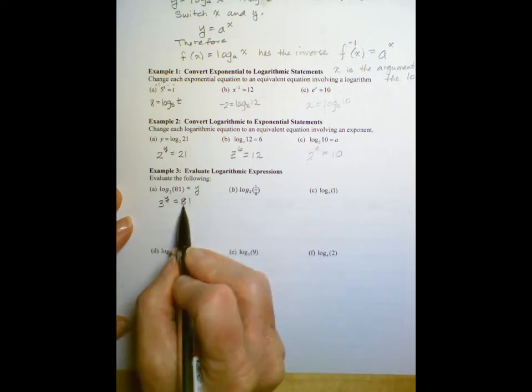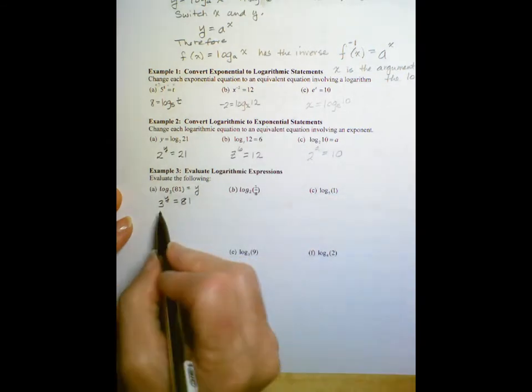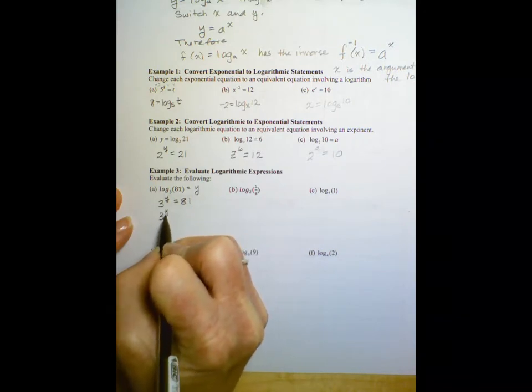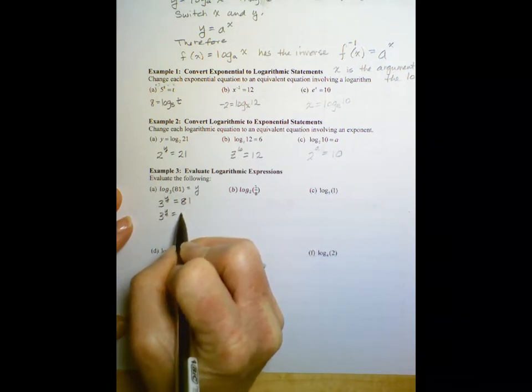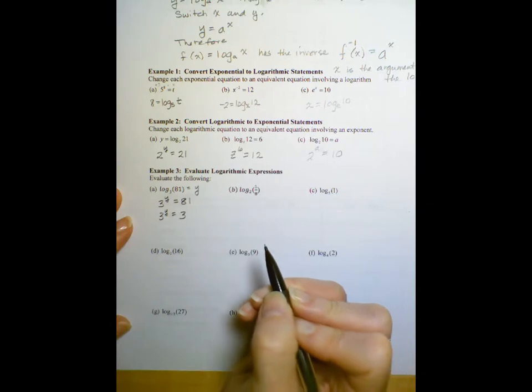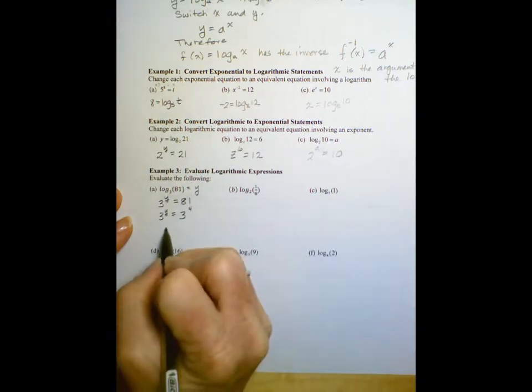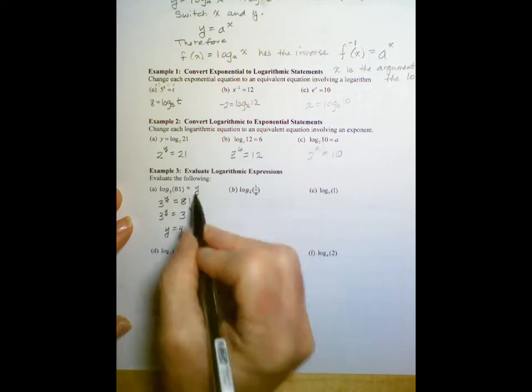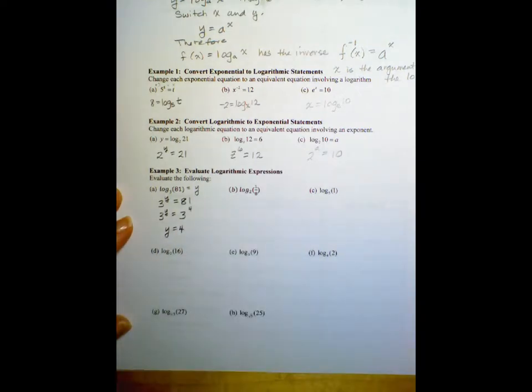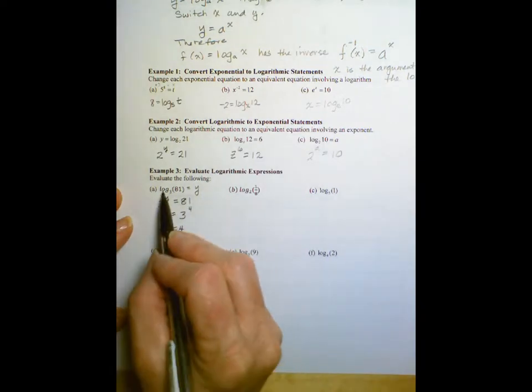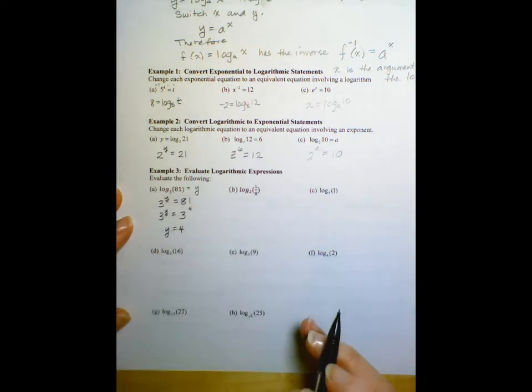Base to what exponent gives me this? And one way to solve that would be to say, well, 81 is 3 to what power? It is 3 to the 4th, so we can clearly see the power is 4. So this result is 4, right? Our answer would be 4. Log base 3 of 81 is 4.